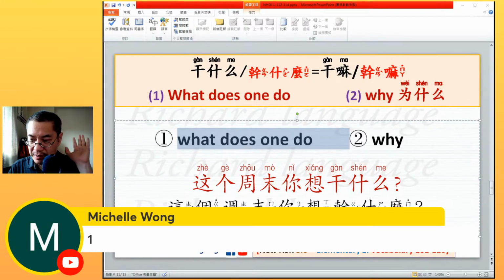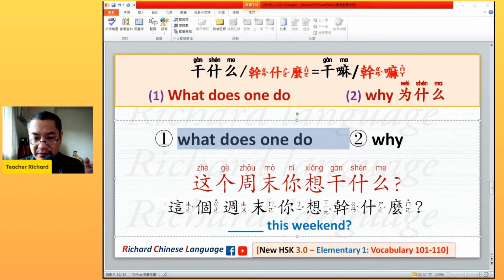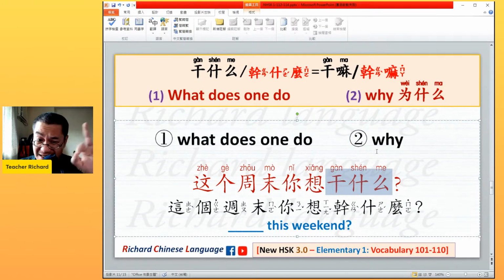Very good. Michelle, what does one do? Yeah, Delia, what are you doing this weekend? Very good. So 这个周末, which means this weekend, what are you going to do? So in this sentence, 干什么 doesn't mean why here. Okay. Very good.